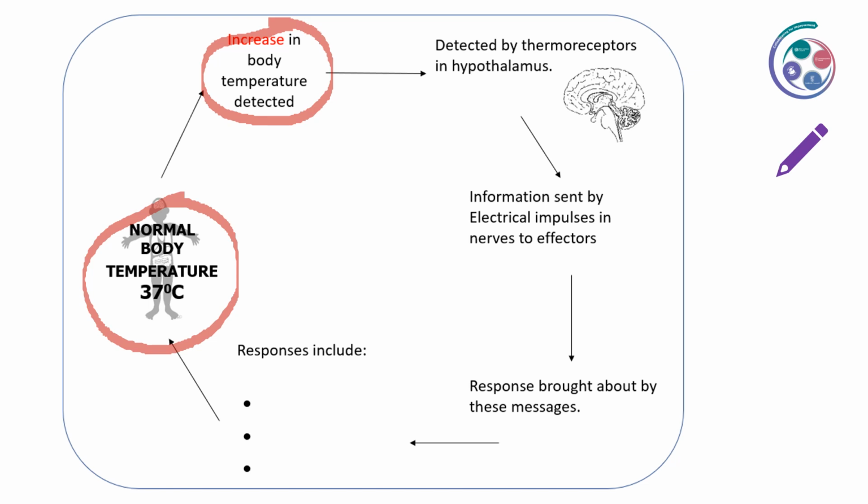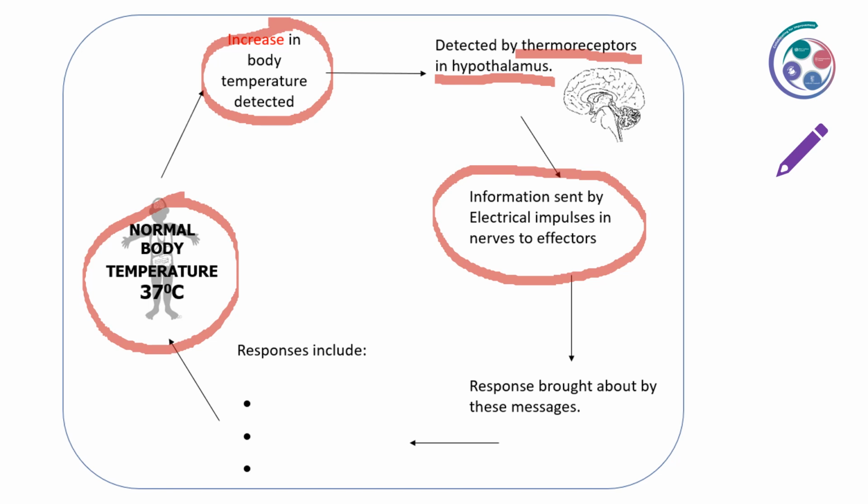Okay, so that is going to be detected by the thermoreceptors in the hypothalamus. Once this hypothalamus has detected that increase, information is going to be sent by electrical impulses in nerves to effectors. Effectors are then going to bring about a response to the messages received.